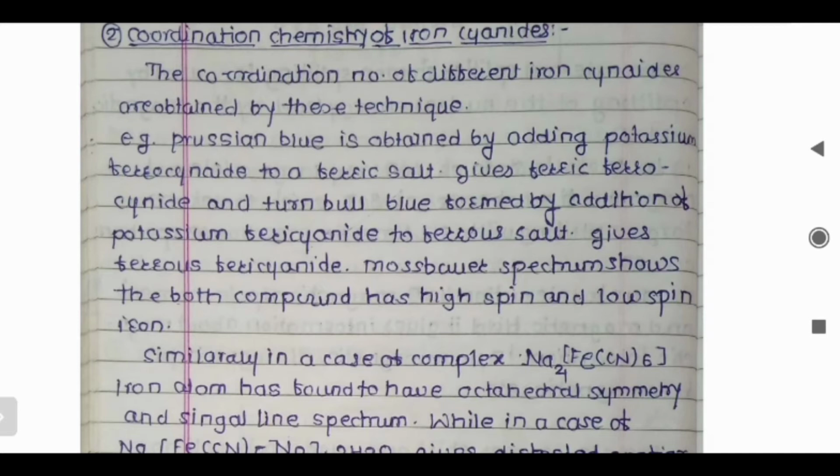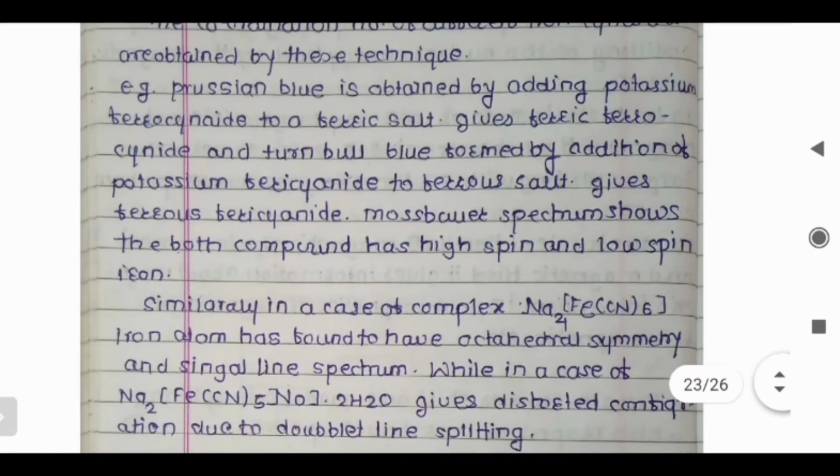So the coordination number of various iron complexes, specifically cyanide complexes, will show different spectra. The Prussian blue is obtained by the addition of potassium ferrocyanide, that is the +2 oxidation state, to the ferric salt, which gives ferric ferrocyanide.